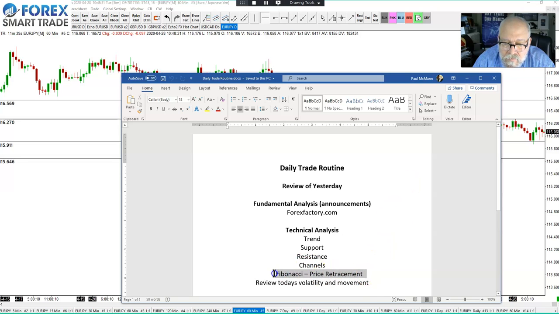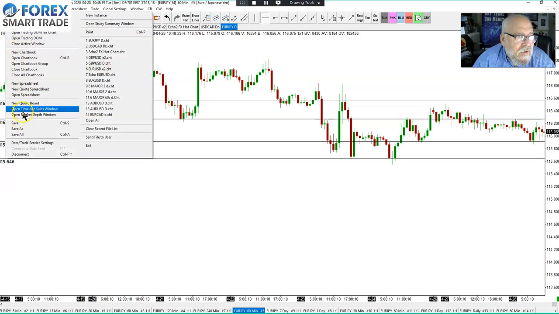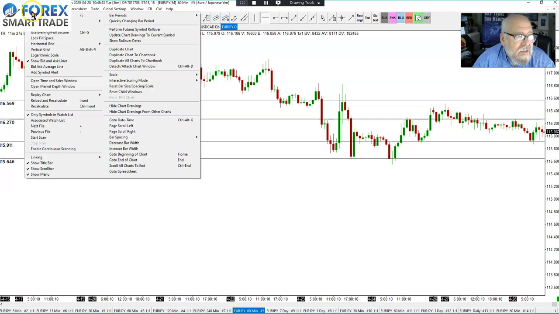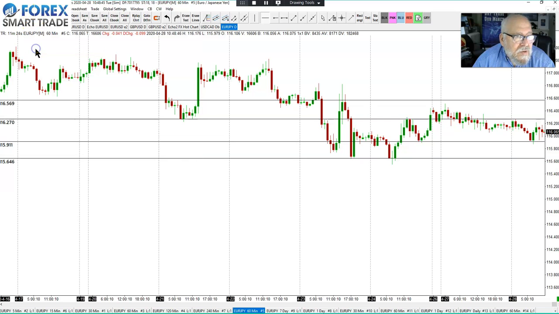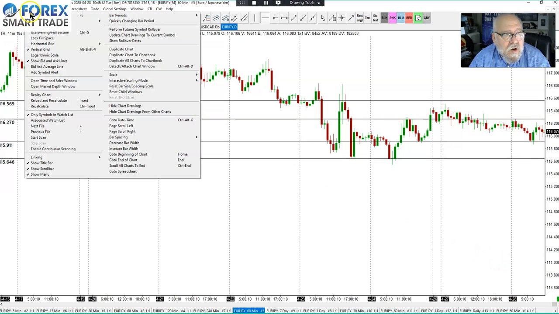We don't need to do a Fibonacci retracement, and we don't go into that on the introductory. One last thing I want to do is I like to see where the day breaks are. So I just went into a chart vertical grid.